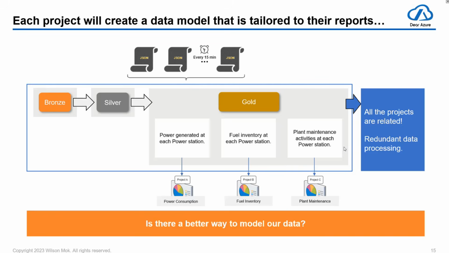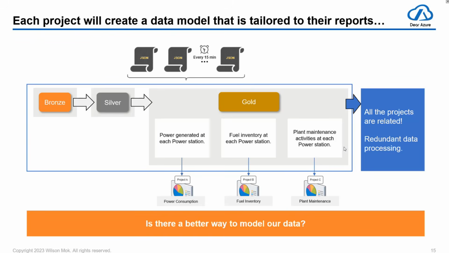For example, you would know that when you need to generate more power, you need more fuel. So you would expect your measurement to go higher, but your fuel count to be lower as time goes by, right? If there's no additional fuel being delivered. And of course, naturally, when there's plant maintenance going on, the total amount of generation at that power plant or a specific meter you expect to drop as well.